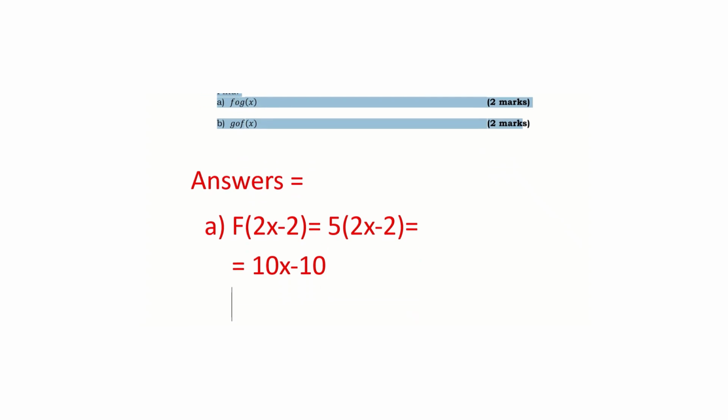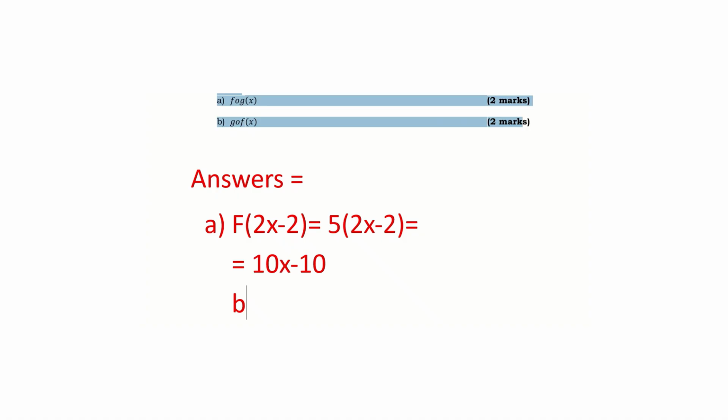Now on B, we have g of f. We have g, and we put in the value of f, which is 5x.